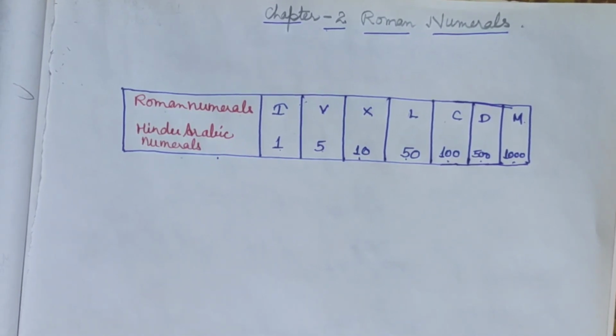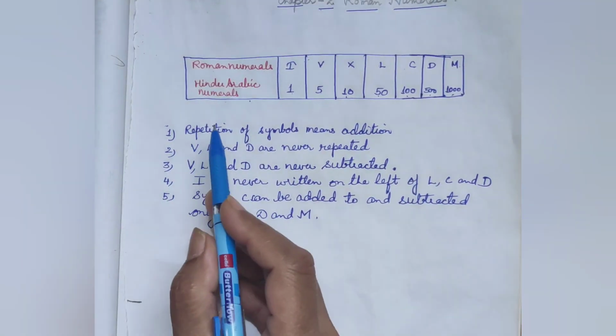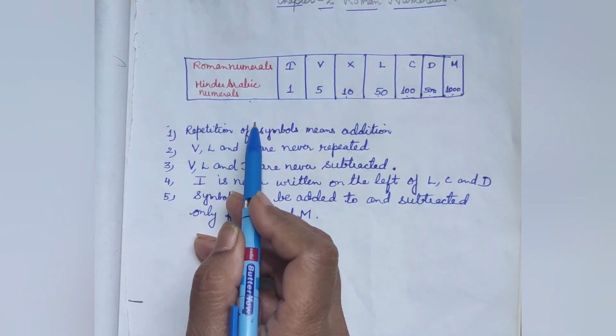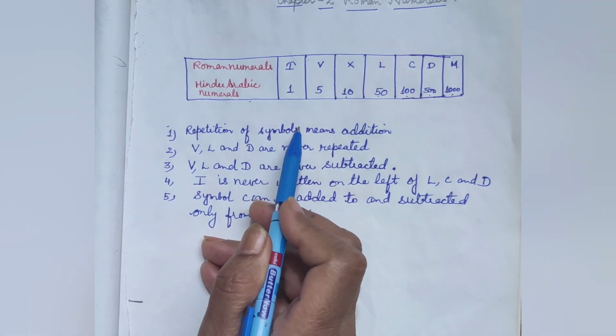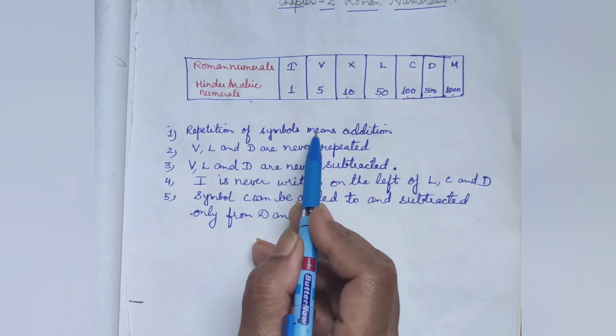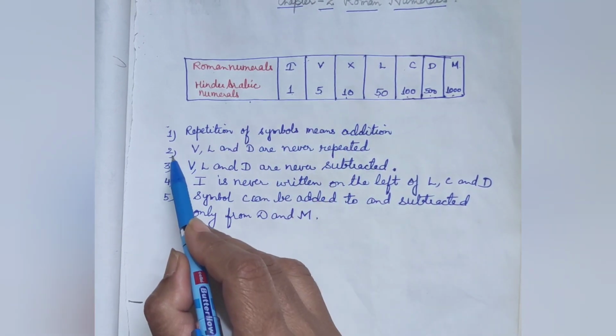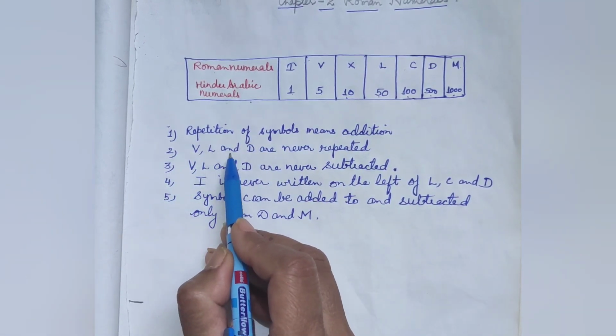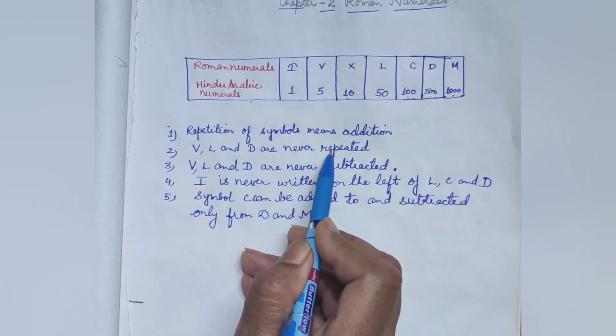Now some important rules which I repeat again. Number 1, repetition of symbols means addition. Number 2, V, L and D are never repeated.